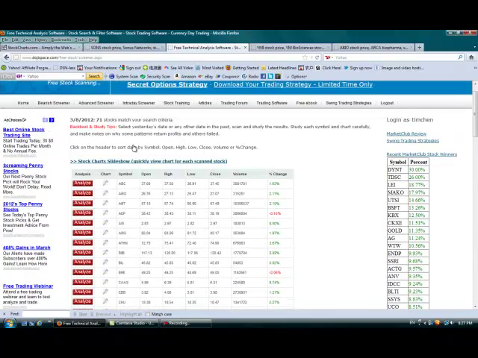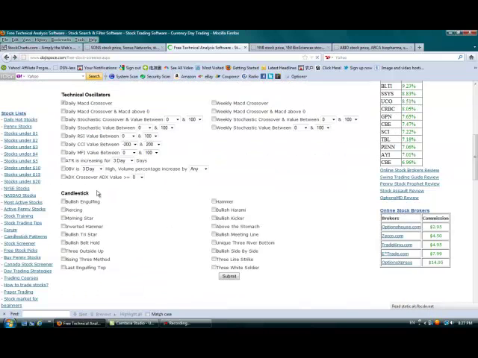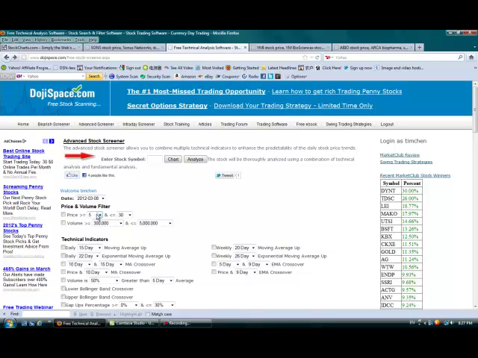You can also narrow down the search. For example, if you don't trade stocks below $5, you can set the stock price here. Let's say you want only stocks trading from $5 to $10, and you want the minimum value to be 1 million to 5 million.